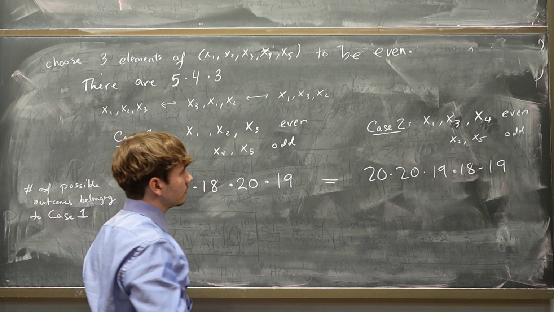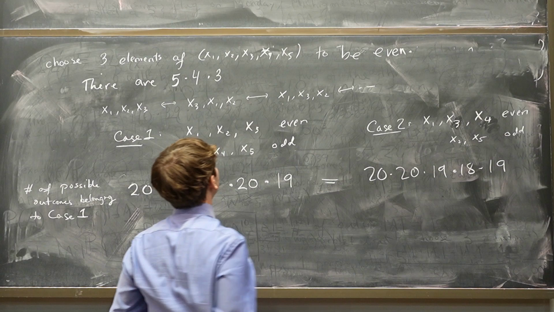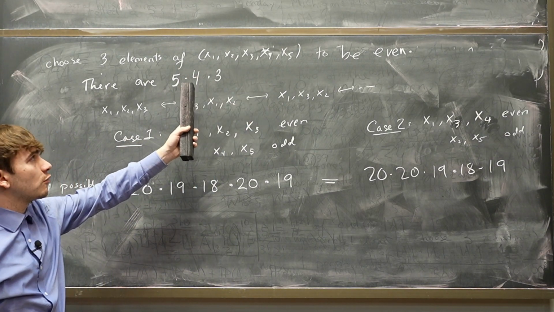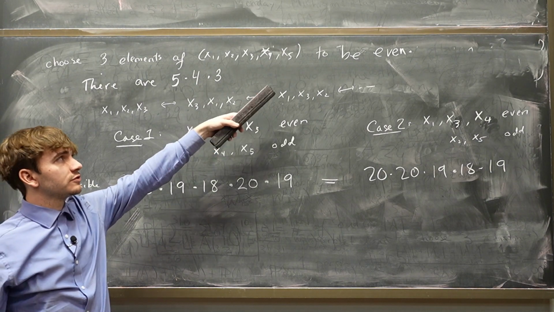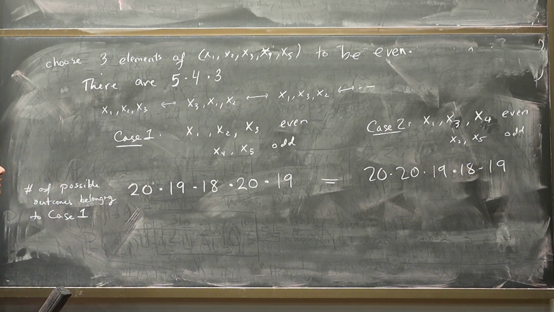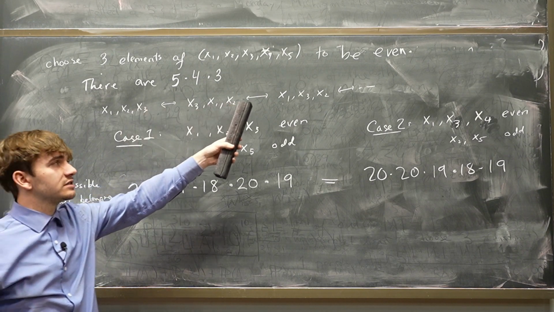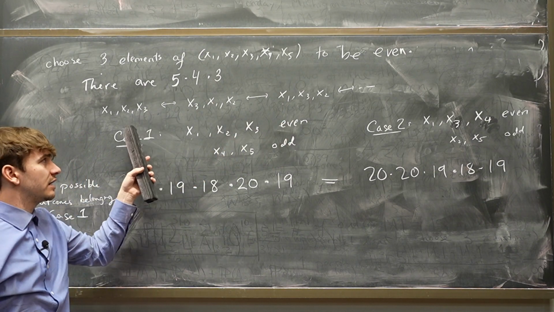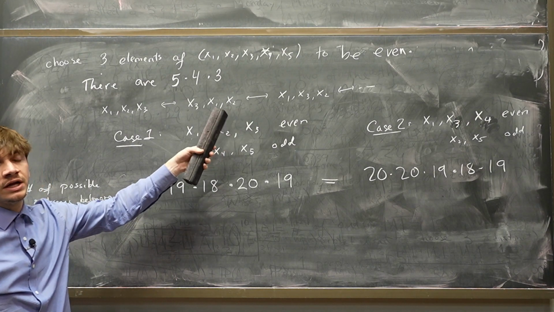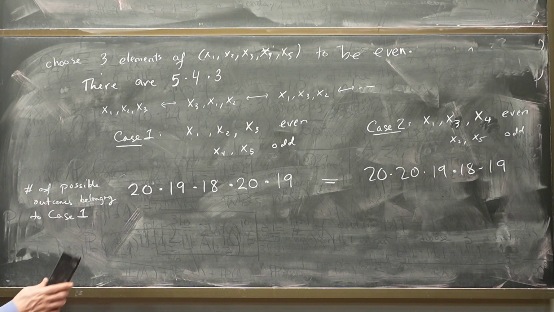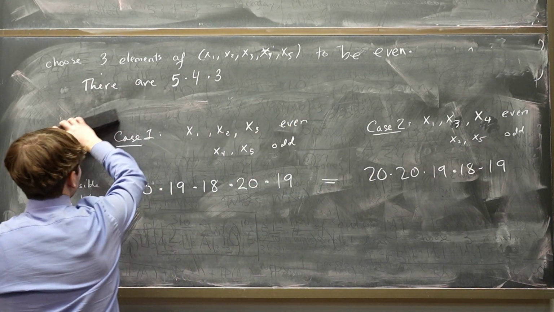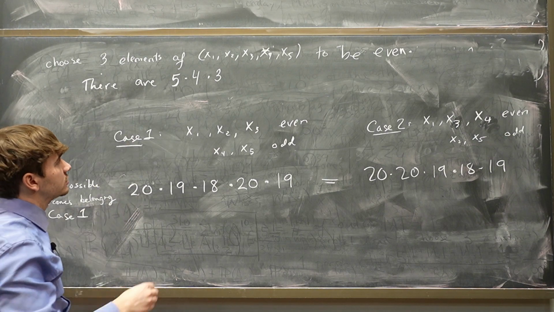Okay? So when I originally counted, I said I have 5 choices for the first one to be even, 4 choices for the next, and 3 choices for the final element. However, in doing so, I counted these choices as distinct possibilities. So x1, x2, x3 is different from x3, x1, x2 in this counting procedure. To account for this, I need to divide out by the number of ways to rearrange these 3 objects.